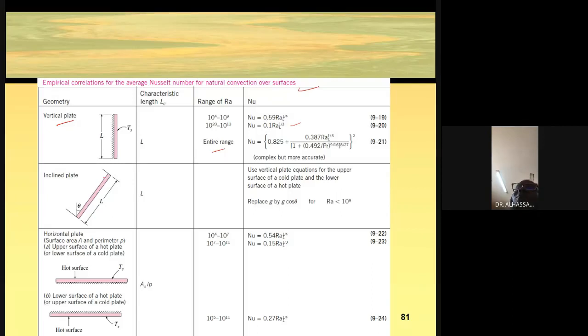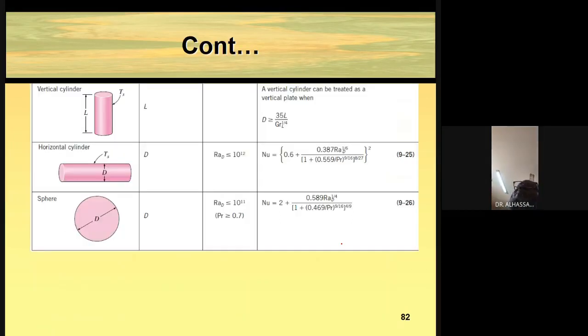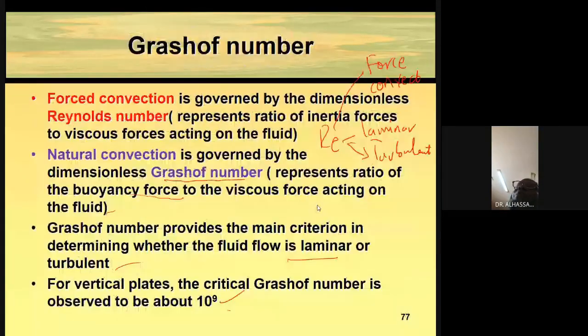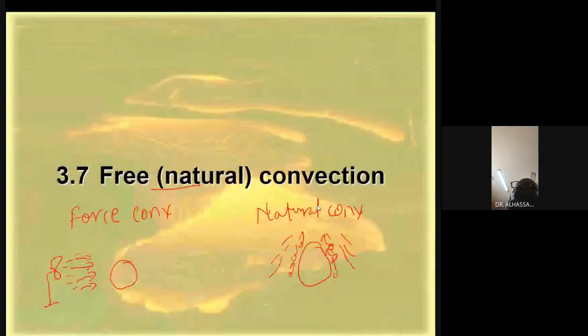Okay, so then for inclined plate, the appropriate Rayleigh number that can be used is this. For horizontal plate, also these are appropriate equations that are available. Yes, for a cylinder also, you see, this is a cylinder, horizontal, vertical cylinder. And then for a sphere, these are the appropriate Nusselt numbers. So now, the first question which we saw before this, let me see, where is it?